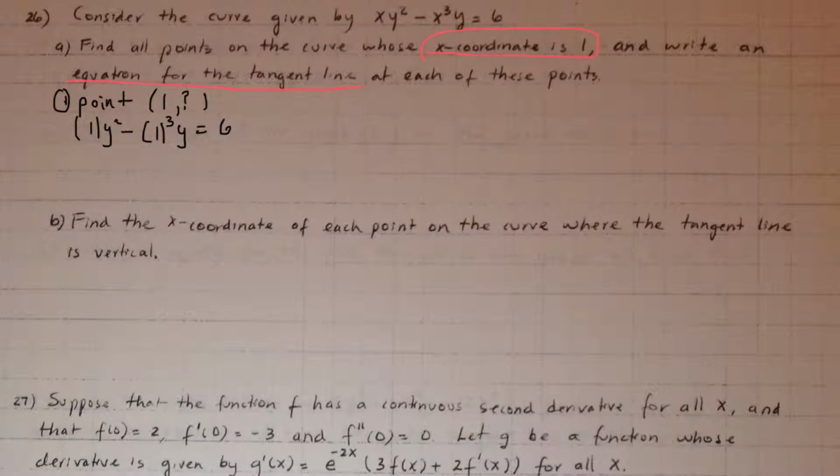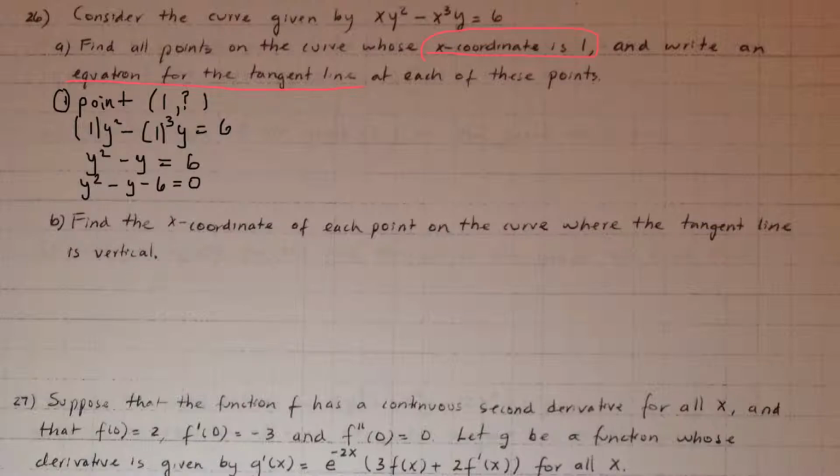And so that'll give us y squared minus 1 cubed is 1 times y equal to 6. And it looks like a quadratic, and quadratics are best when they're set equal to 0. So y squared minus y minus 6 is equal to 0.